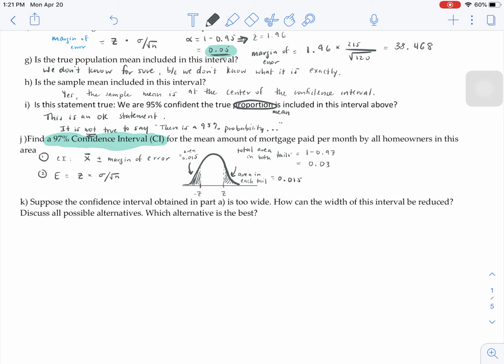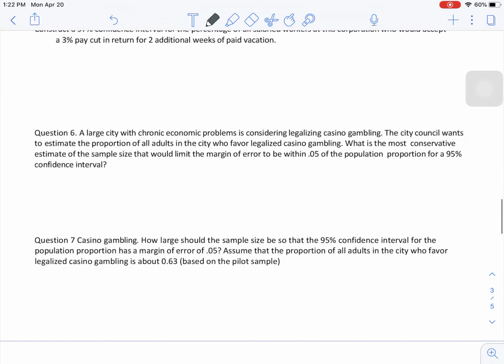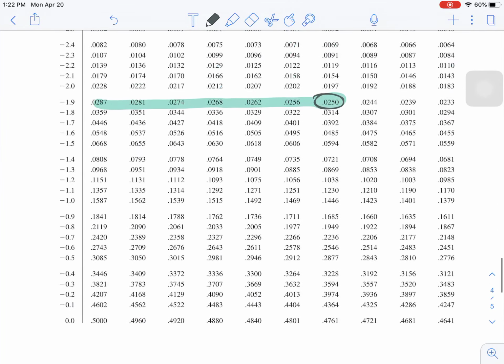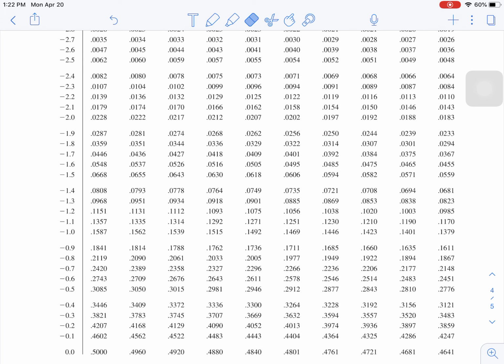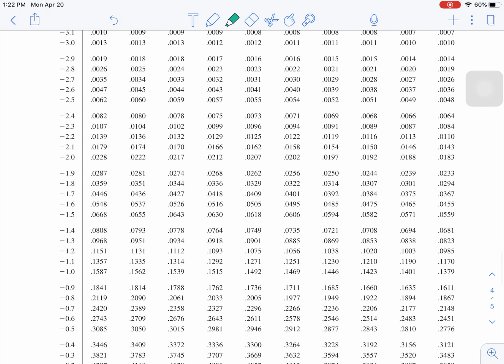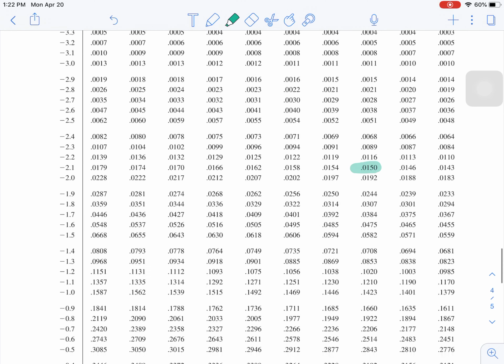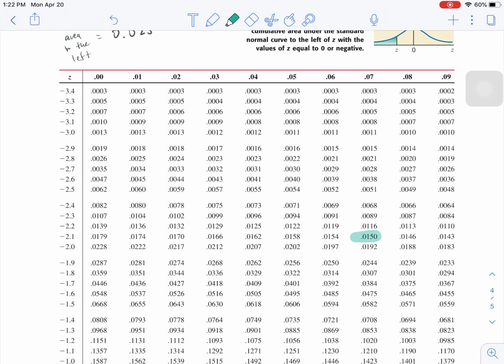Looking up areas to the left is the easier part, so I'll just go to my table and look up this z-score. Area to the left of 0.015. Let's see. 0.015 is right here. So the z-score corresponding to an area to the left of 0.015 is negative 2.17.